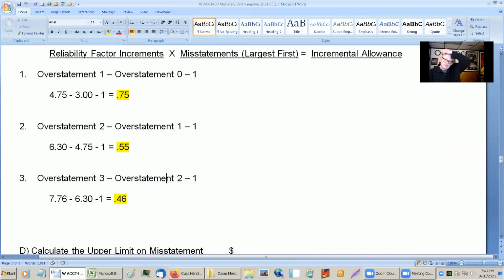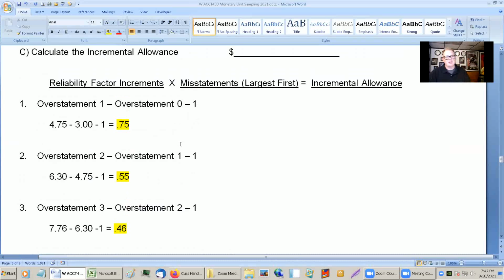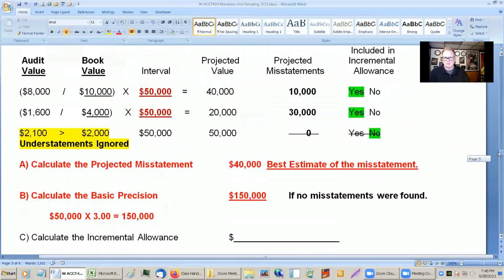Now, what we're going to do with these factors, the increments here. So these are the increments, the 0.75, times the misstatement, and we're going to start with the largest one first. There are misstatements up here. Which one do you take? You're going to take the largest one first.